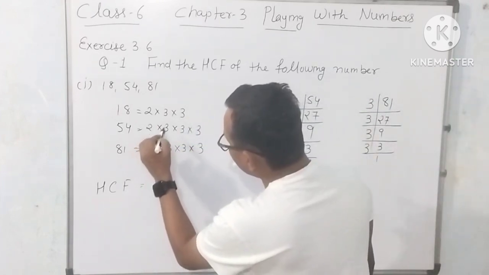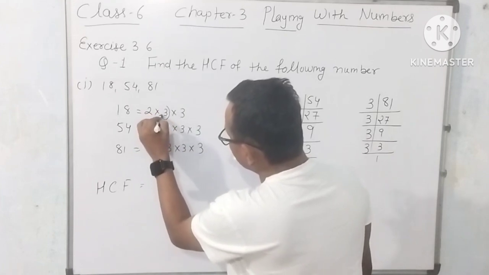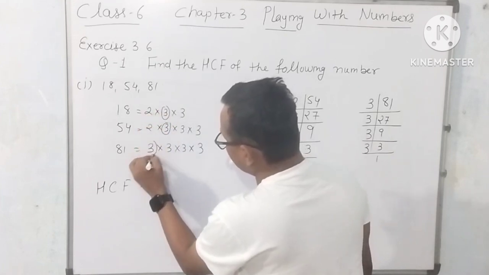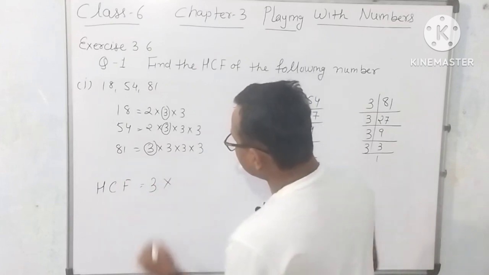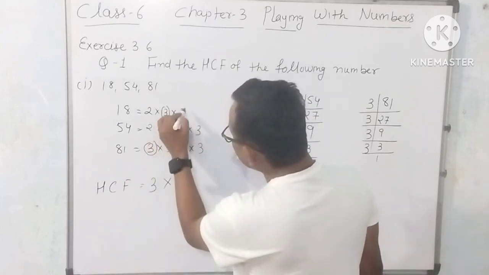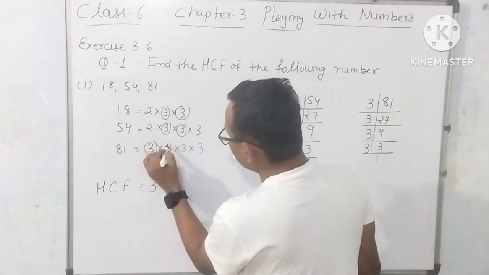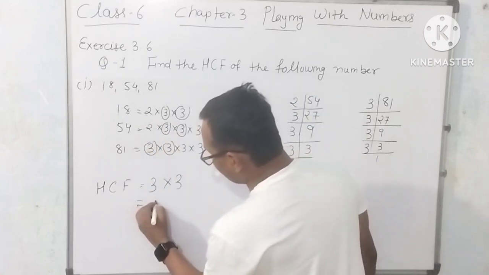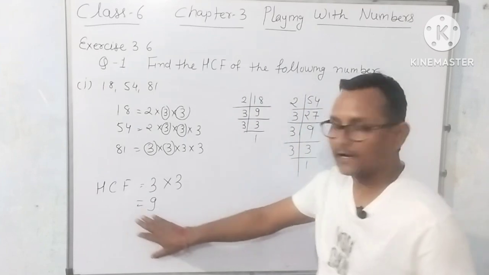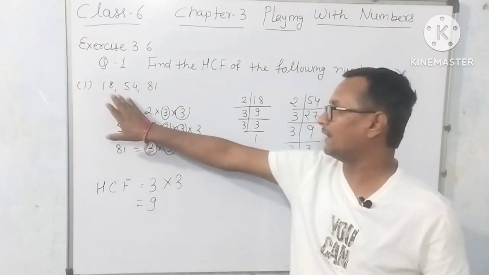So this, this and this. So we can write 3 into. Let's check for others. So 3, 3 and 3. So 3 into 3 equal to 9. So 9 is the highest common factor of 18, 54 and 81.